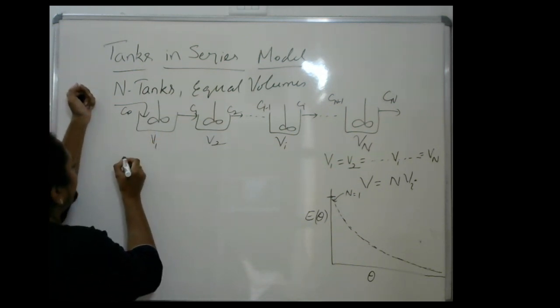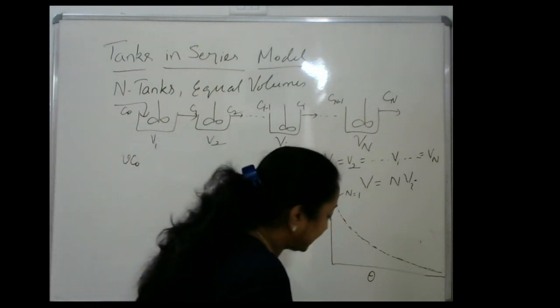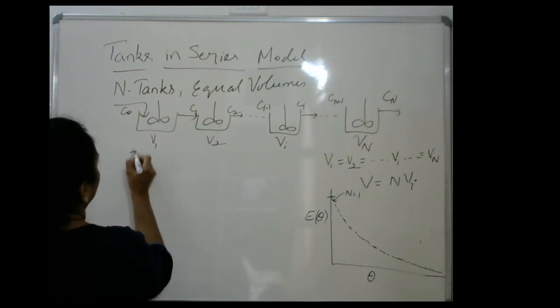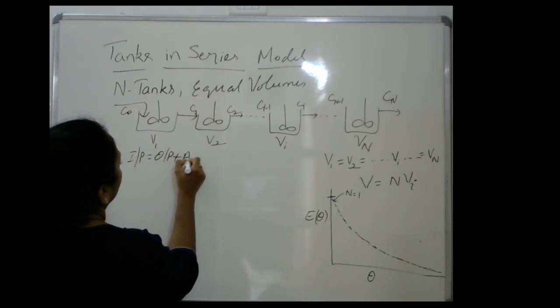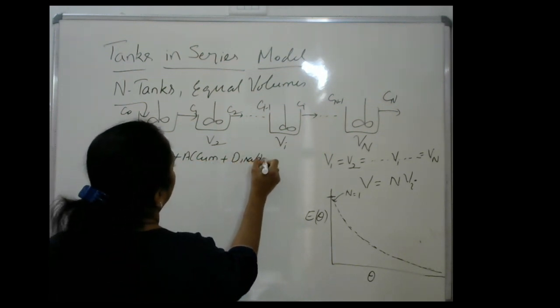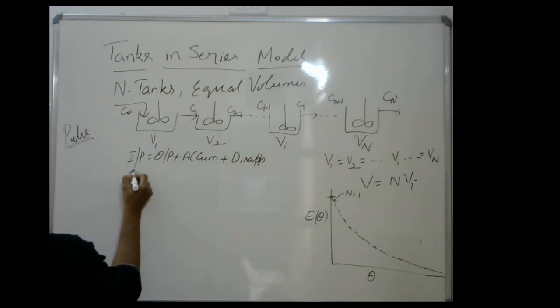What is the input? Input is V into C0. Sorry, the tracer input, right? I'm not doing the reactant, it is tracer. So inject a pulse of tracer. Input equal to output plus accumulation plus disappearance. I'm giving pulse input here again, so input is 0.